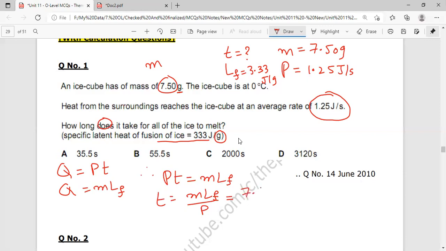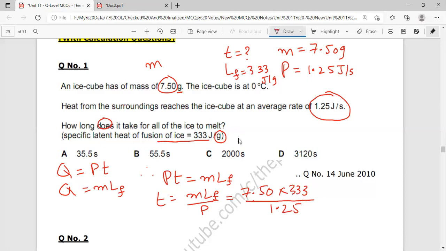7.50, 3.33, sorry, it was 333, not 3.33, 333, then divided by power 1.25. So let me solve this. 7.50 multiplied by 333 divided by 1.25.